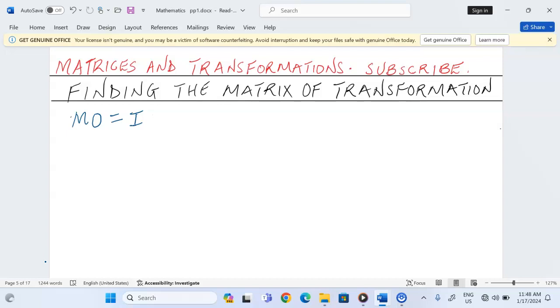Then, this one being known, we can now find a matrix. In case you've been given an object and its image, how can we get the matrix which has been involved?